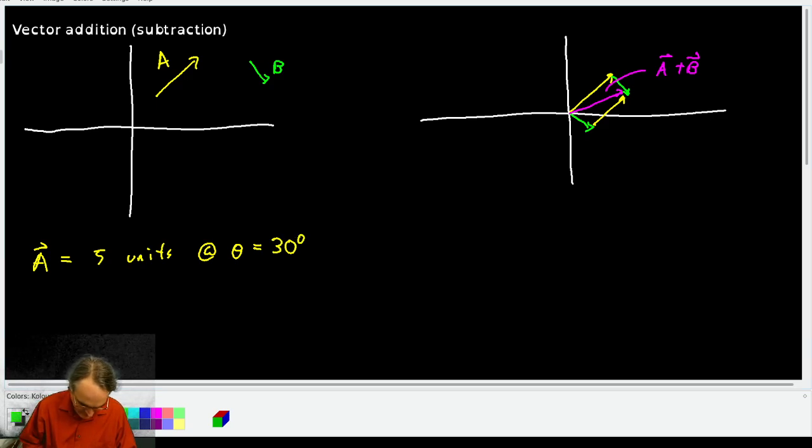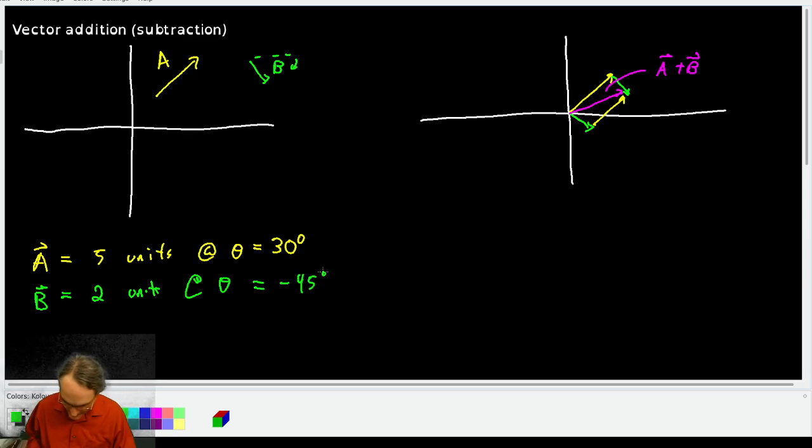And then let's say vector B is a lot shorter, 2 units, at an angle relative to the horizontal of minus 45 degrees. Again, to keep it simple for us.